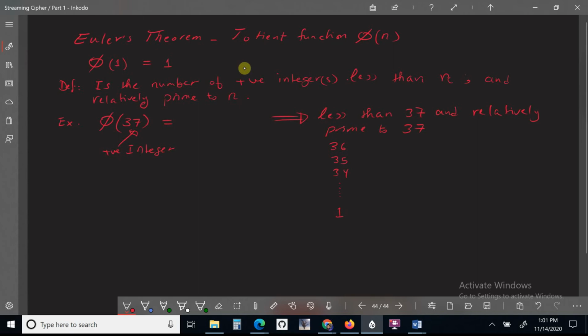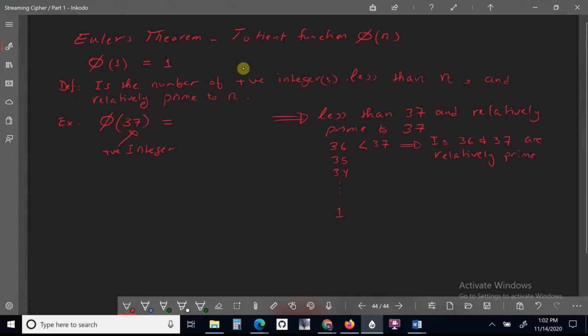So 36 is, of course, less than 37. Now, are 36 and 37 relatively prime?